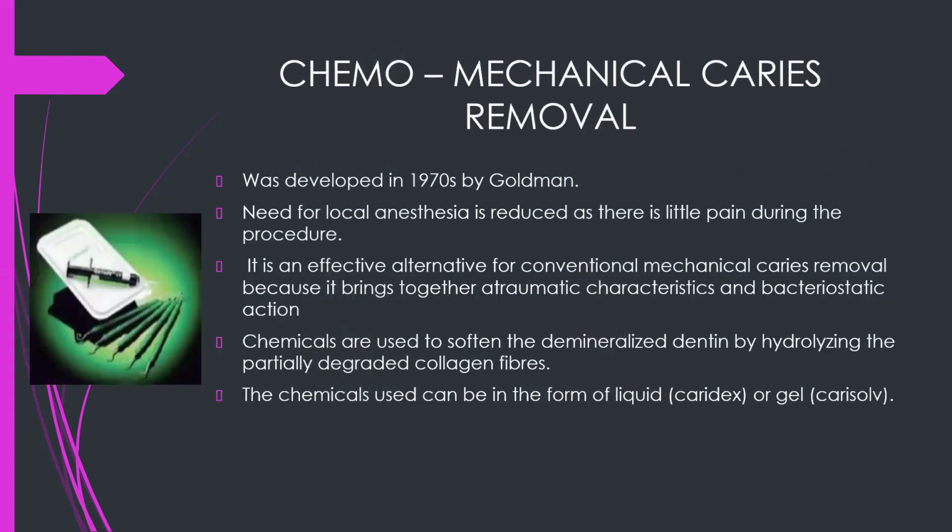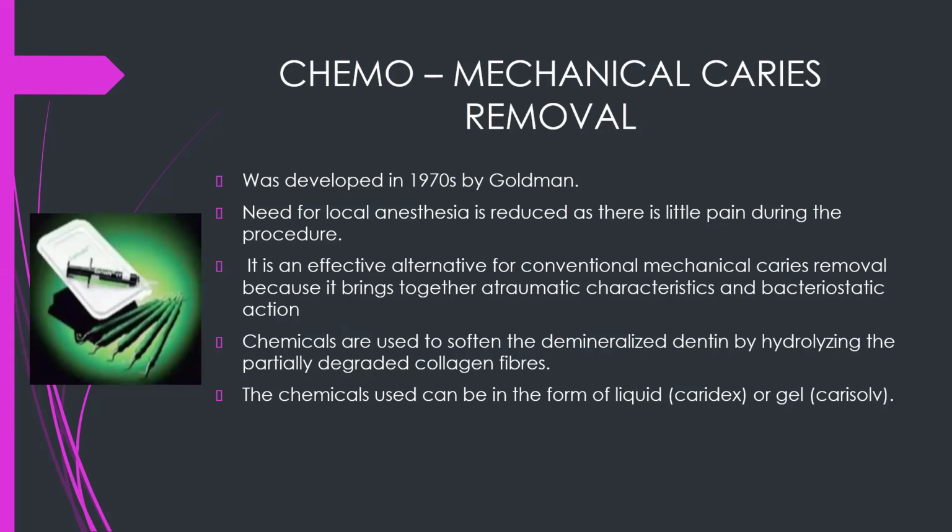Now we come to chemomechanical caries removal. This can be used separately or as an adjunct to hand instrumentation removal. But chemomechanical caries removal can be used in deeper cavities when you are going for indirect or direct pulp capping also.